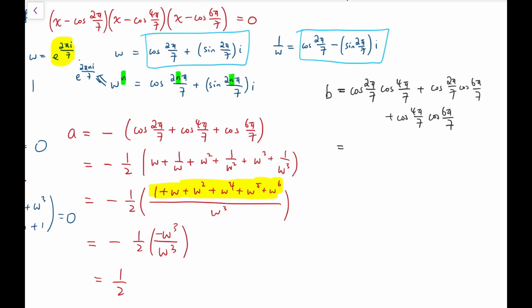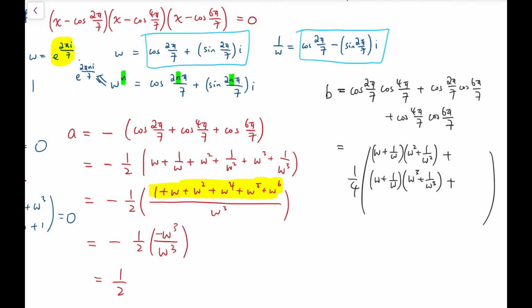Because we have 2 terms in each product, the halves multiply and we have 1/4 of the following. Omega plus 1 over omega times the square version, and then the same expression times the cube version, and then the square version times the cube version.